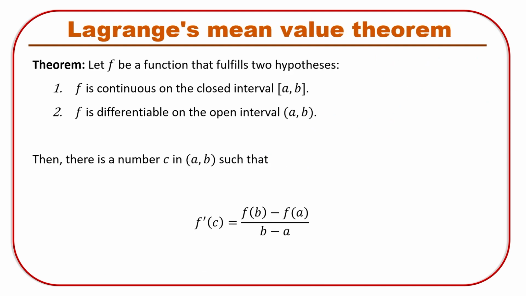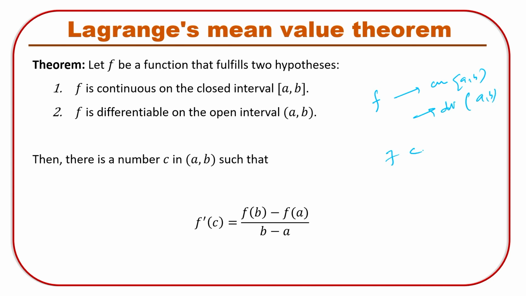Similarly, the Lagrange mean value theorem, which we had explored in the previous slides and lectures, has f as a continuous function in a closed interval [a, b] and differentiable in an open interval (a, b).